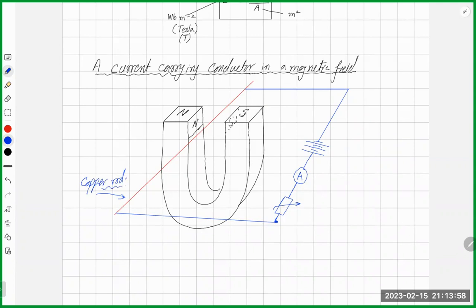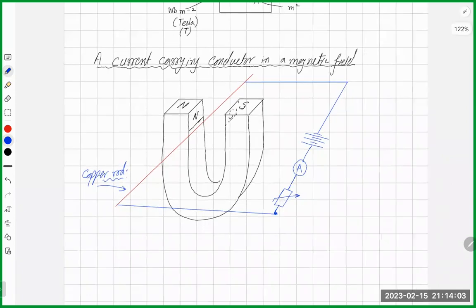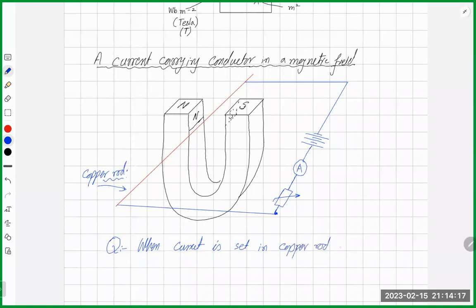Now, question. When current is set in the copper rod, it experiences a force.